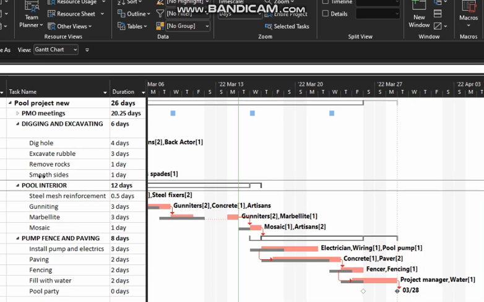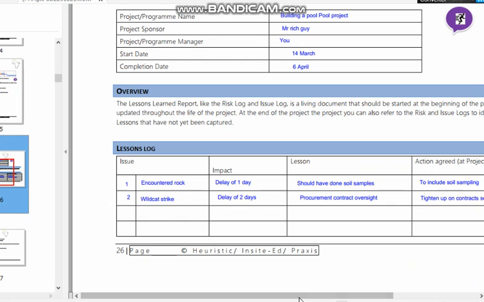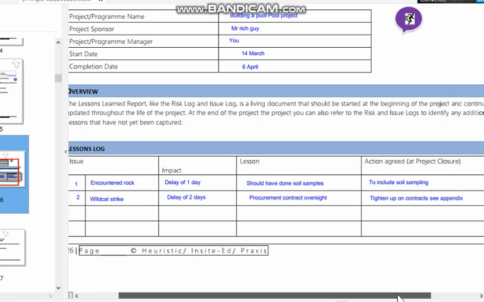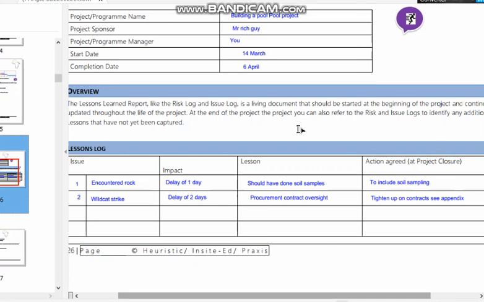Say digging and excavating, we need to have a lessons learned session where we list the problem, the impact of the problem. We then decide on an action going forward, and as one delegate pointed out, is there not more detail here? And indeed, there can be an accountability column, who's responsible, plus there can be an appendix showing the cost breakdown and the cost overrun as a result of the problem.